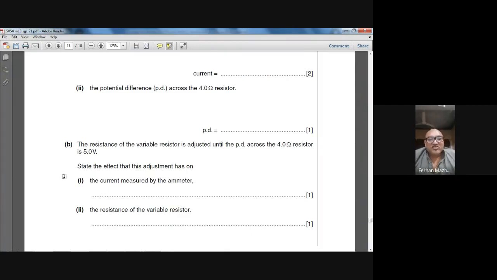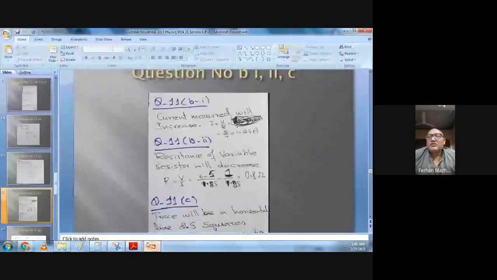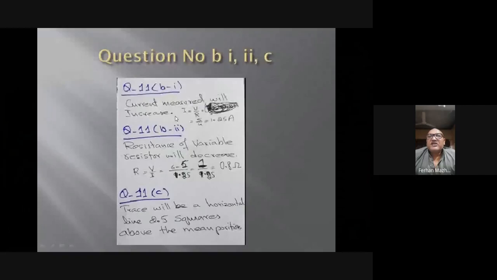I know the resistance of R2, I know the voltage drop across R2, so I can find the current in R2. I is equal to V divided by R. I have done this on paper also, let me show you. I is equal to V divided by R, so 5 volt divided by 4 ohm is 1.25 ampere.